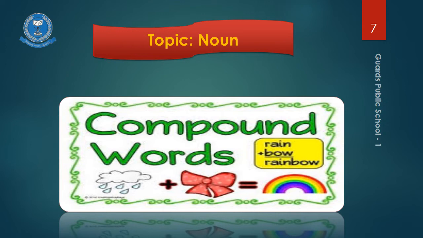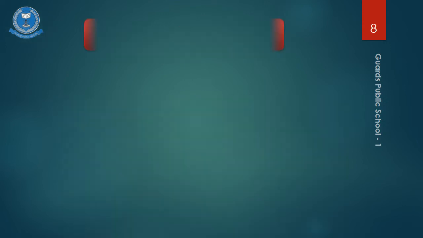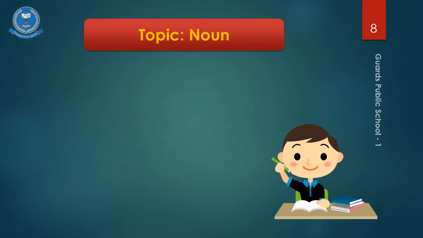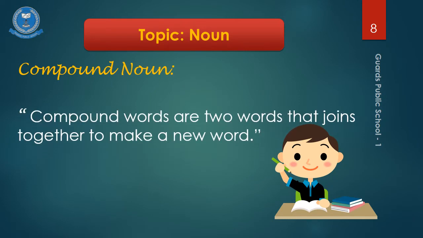Let's recall it again. Compound noun or compound words. It can be defined as compound words are two words that join together to make a new word. Actually, compound words can be made when we join two different words to make a new one.